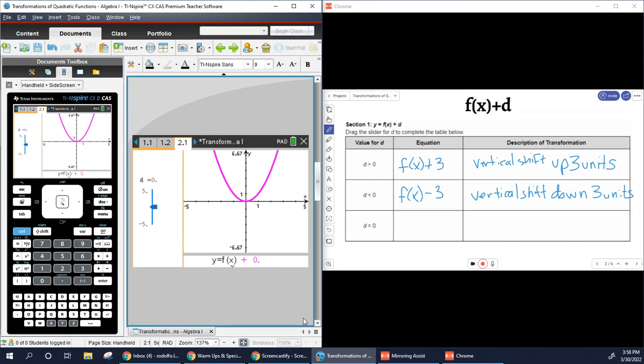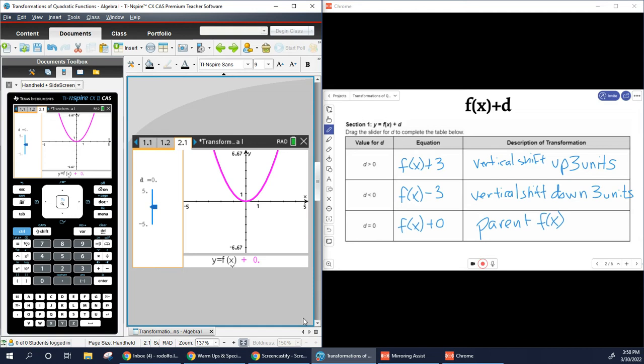So f of x plus 0 doesn't shift vertically or at all. It's just the parent function. So we'll call this the parent function, because it's at the origin. Nothing is changing. There's no transformation when you do plus 0.